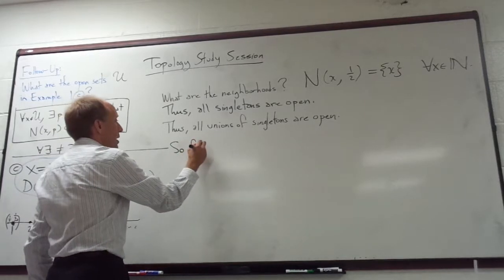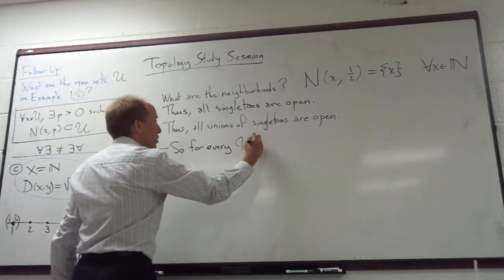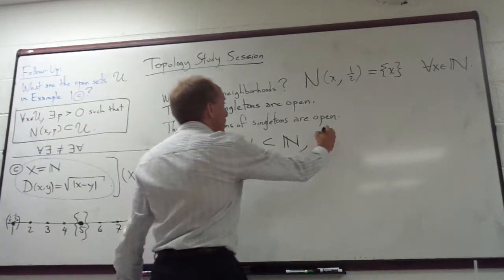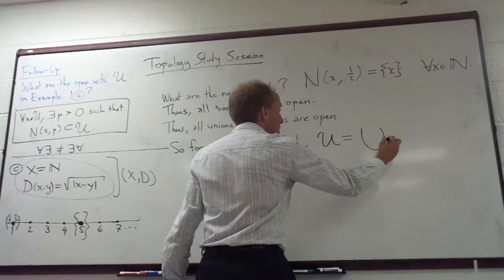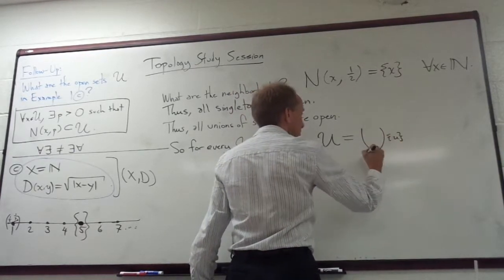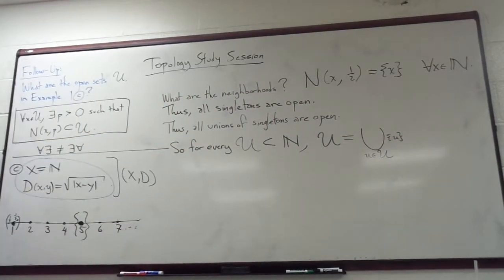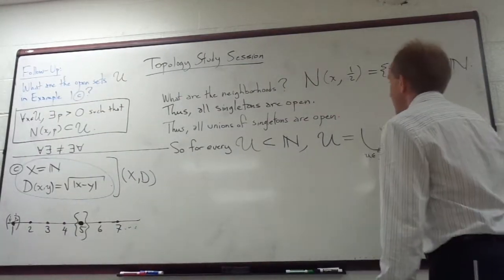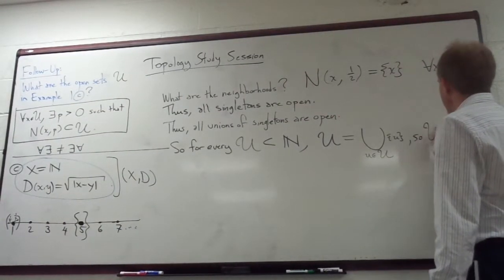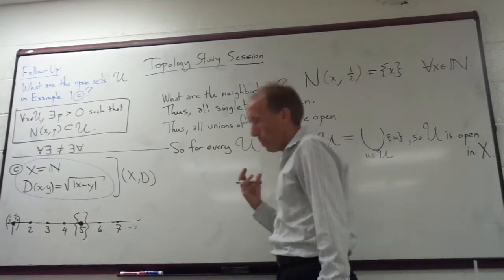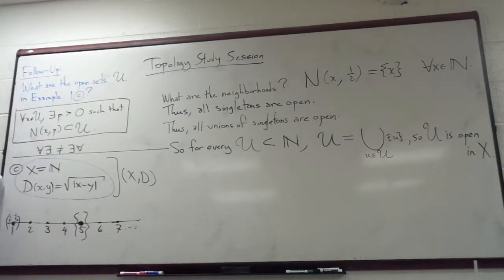So for every U in the natural numbers, every set, guys, can be viewed as a union of singletons, right? You just write every set as a union of everything that's inside of it, as a singleton. So, U is open in X.